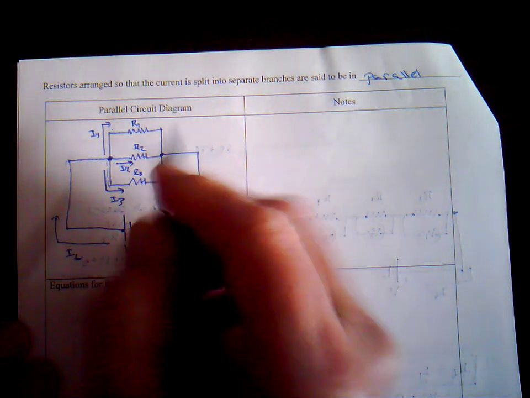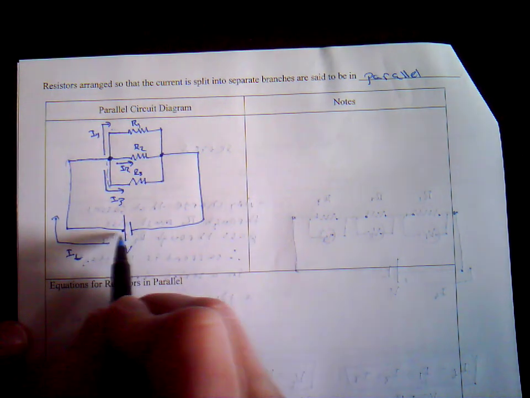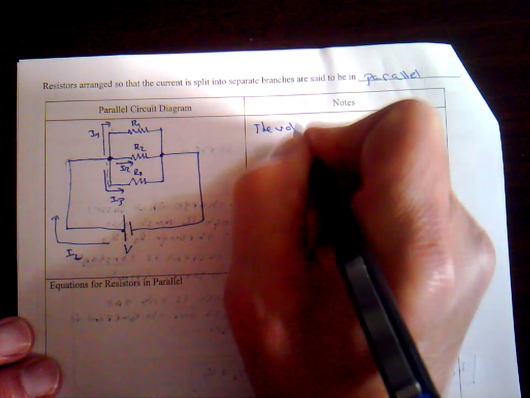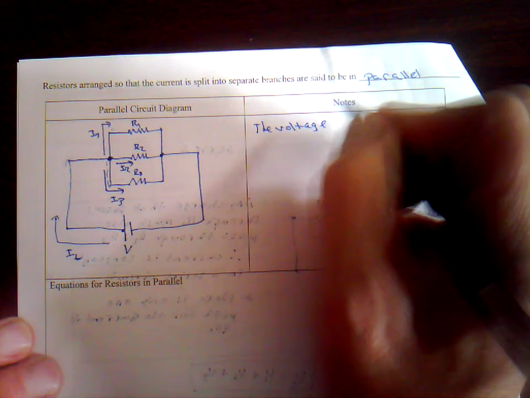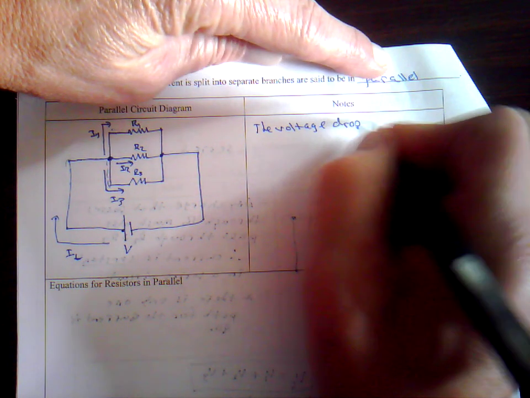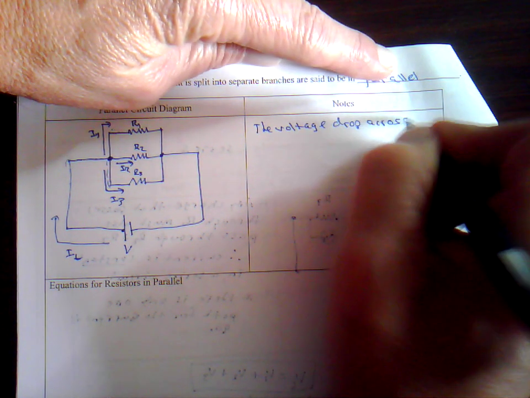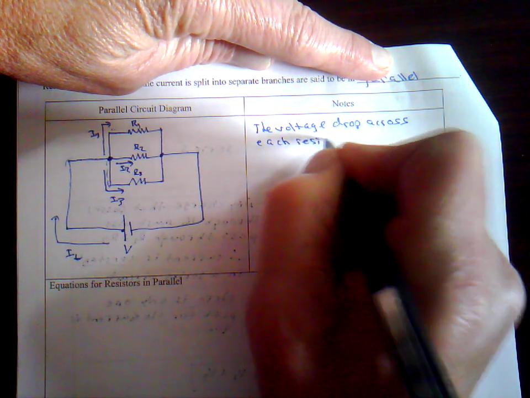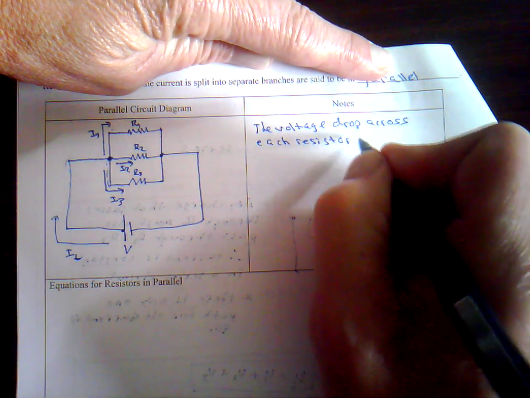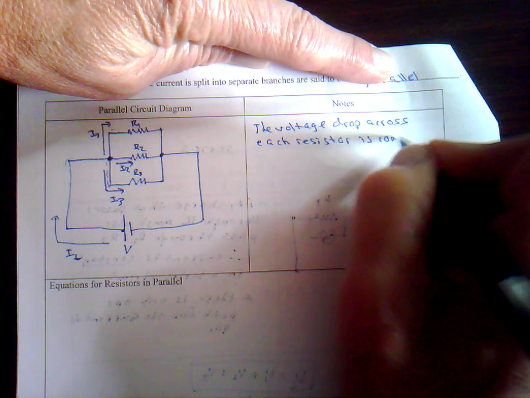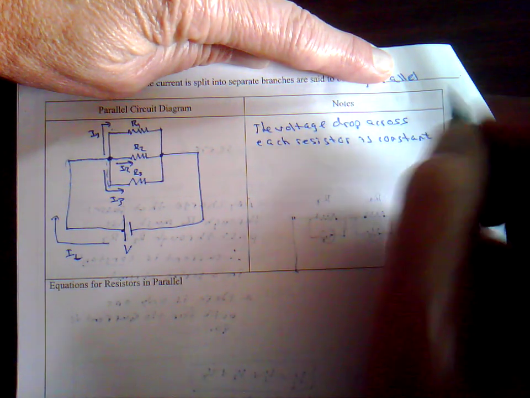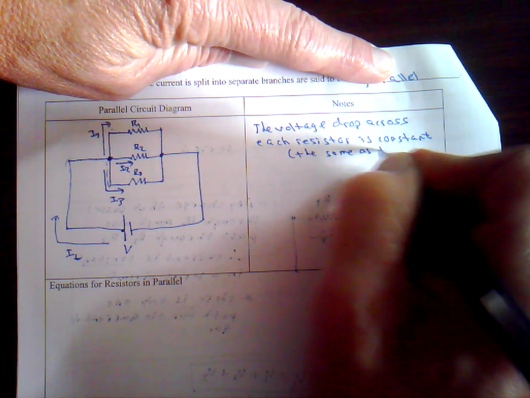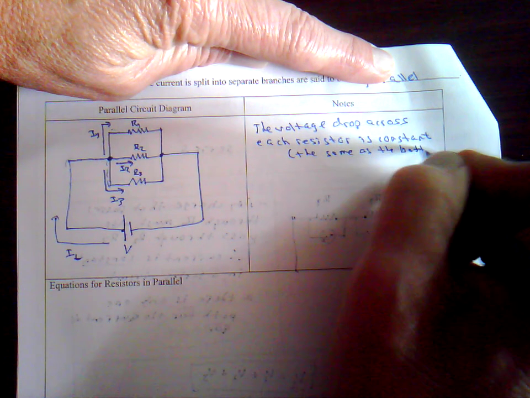So basically the voltage across each resistor is the same as the voltage drop across the battery. It is constant, or the same, as the battery.